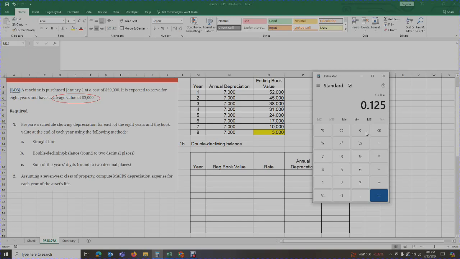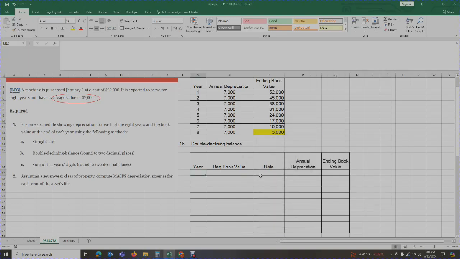Okay, now I am going to double that rate because we are doing the double declining balance. I'm going to multiply by 2 to double it, and that gives me 0.25. That is the rate I am going to be depreciating my assets, okay, at 25%. So let me copy that over. My rate will not change, okay, but my amount of the depreciation will, because my book value will change, okay.